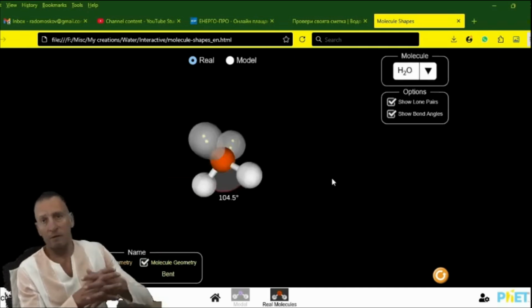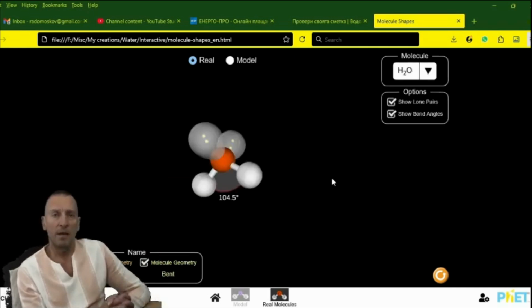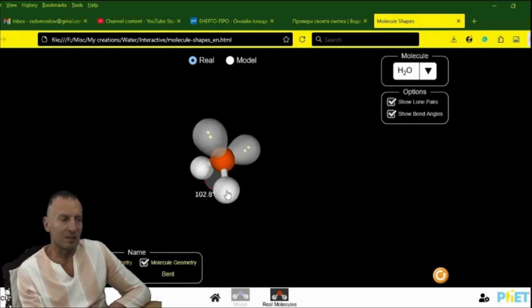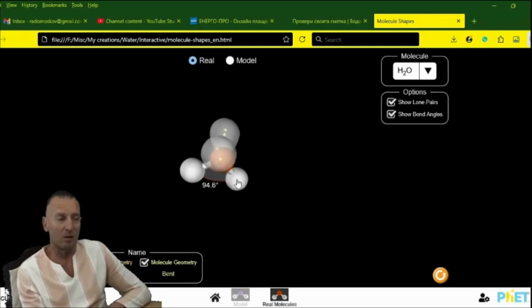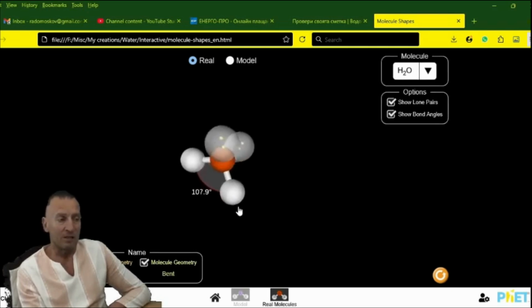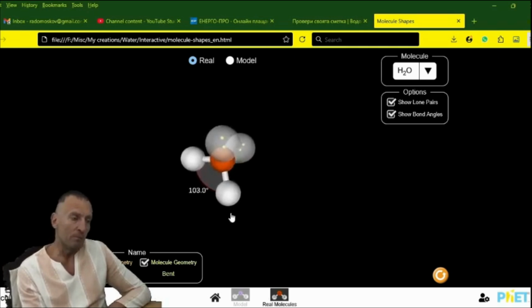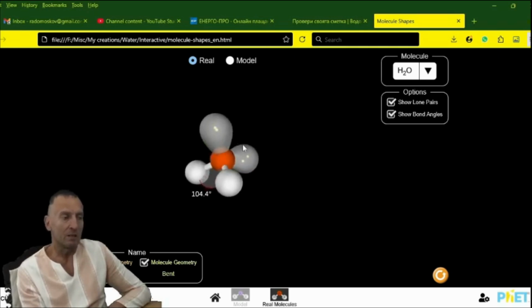Let's go back to the valence shell electron pair repulsion theory. Because of this, they repulse each other. This is why they take this shape, and because of this angle here, the water is liquid, as I said to you. So the valence shell electron pair repulsion theory will tell us the structure of the molecule. Some of them are very complex, and the theory responds to that very well.